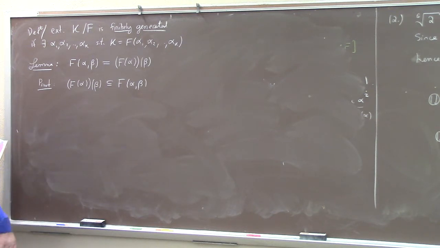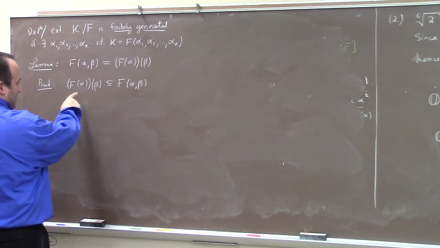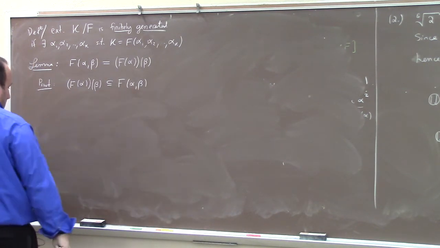He uses minimality in the other direction as well. There's the minimality of this extension, then the minimality of that extension, and when you put them together, this is a subset of that, and that's a subset of that, which gives you equality.